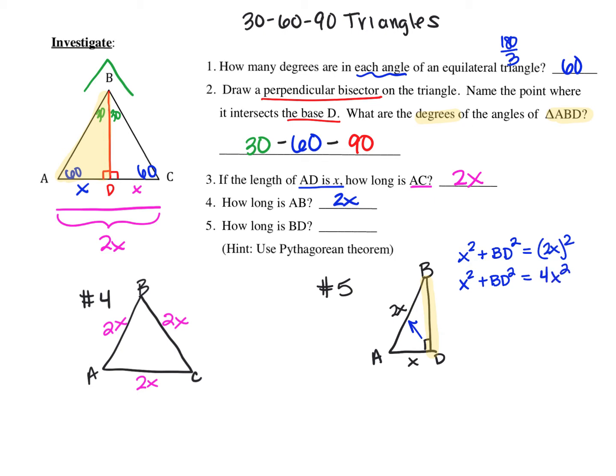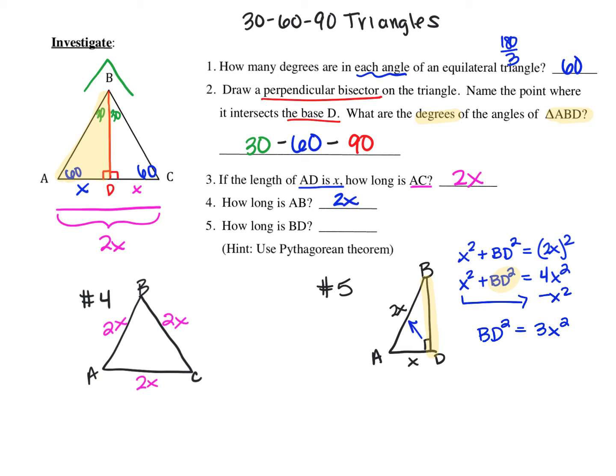So remember, I am trying to solve for this BD. Okay, so what you want to do is subtract the x squared. That will give you BD squared is equal to 3x squared.